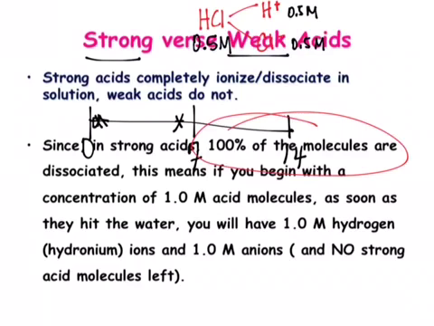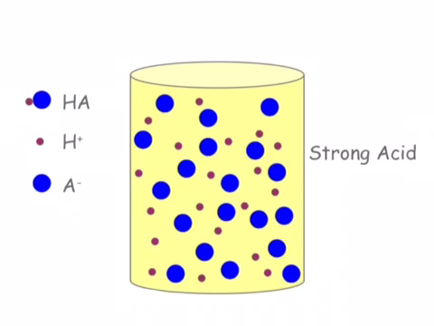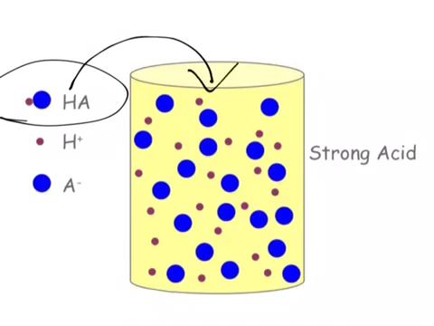I don't have any more HCl's together. Okay? It's just like what we did in the last one. So here is our acid. I take my acid, HA, where A is generic for any anion, and I place it into water.